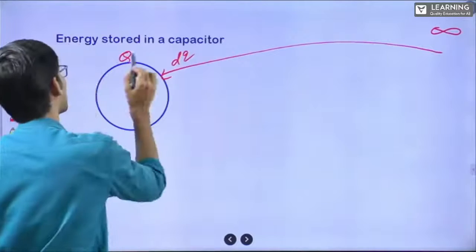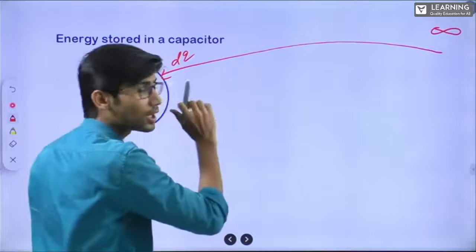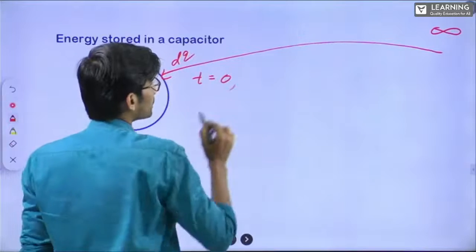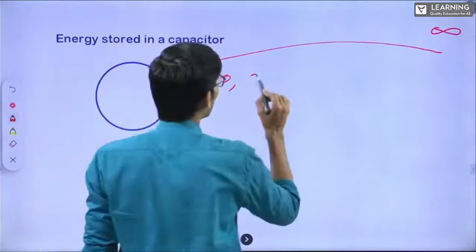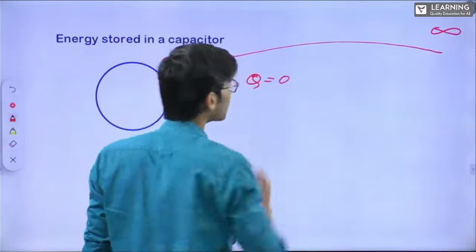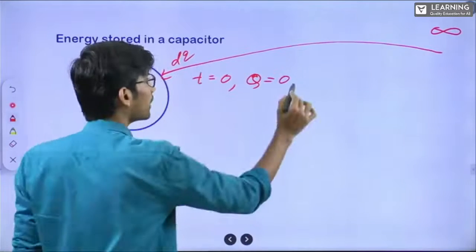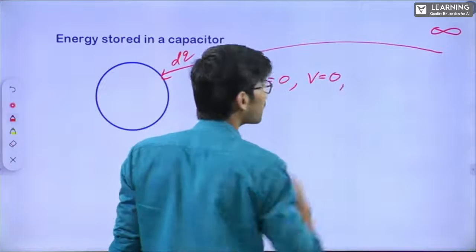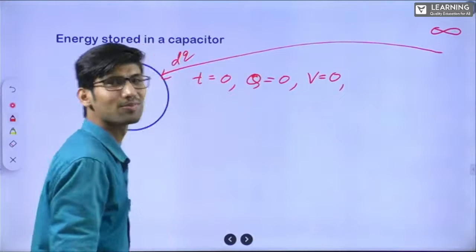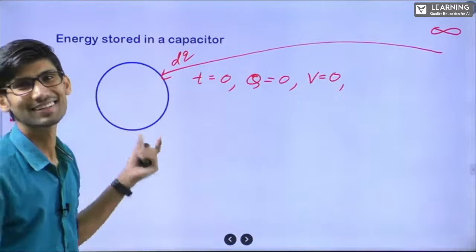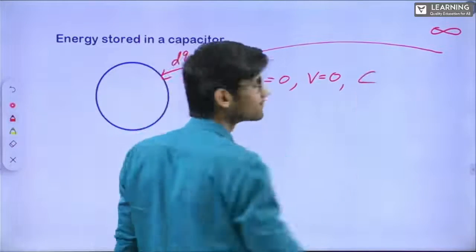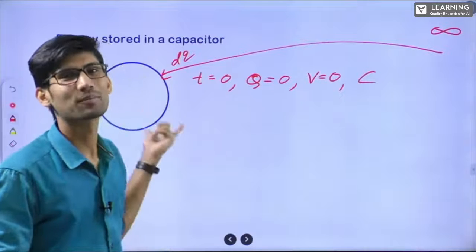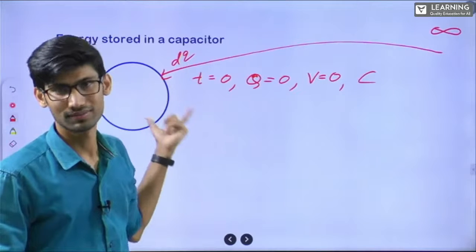Okay. Before integration, let's see the story. Initially, let's say when there is no charge, at t equal to 0, charge q is equal to 0, correct? Potential 0. Capacitance C. Capacitance is the property of the material, correct?